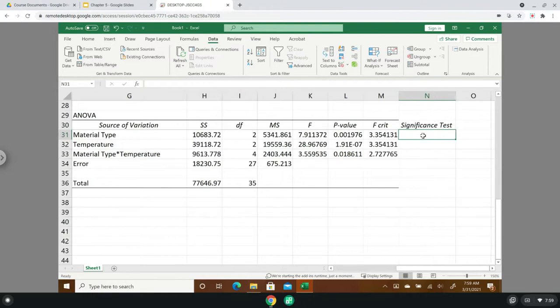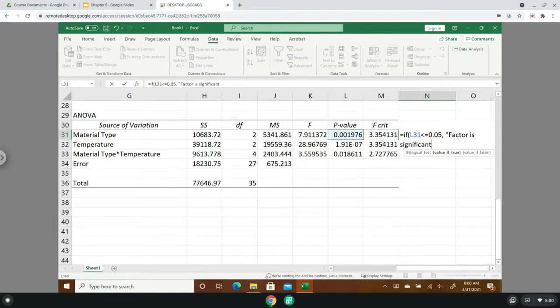So if we want to codify this significance test, you can say here is equal to if, and we'll do a p-value comparison, right? So we say if this value is less than or equal to 0.05, that means the factor is significant, right?